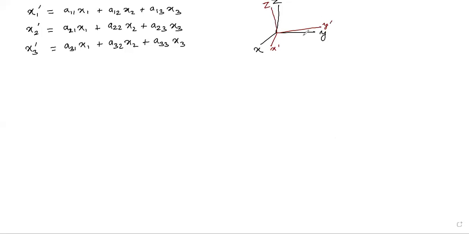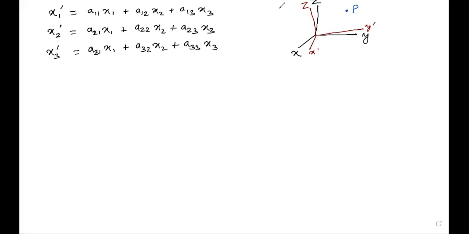So from the unprime frame, we have rotated to the prime frame, and then we take any point P, and the coordinates of this point P in the unprime frame are x, y, z, and the coordinates of the point P in the prime frame are x prime, y prime, z prime. I'm missing prime here. Okay, here should be z prime.